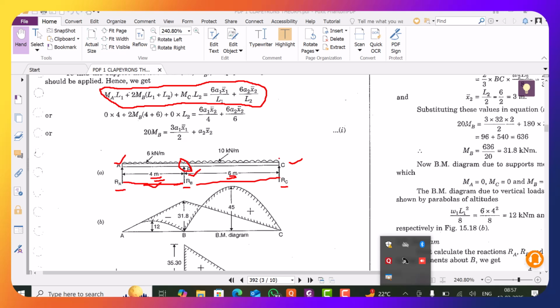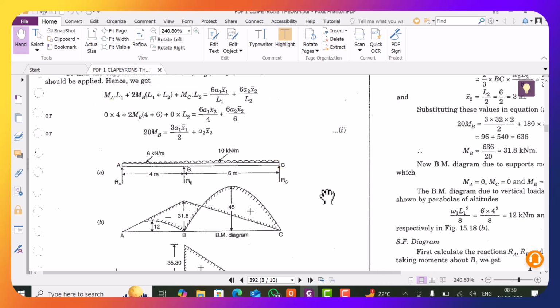MC, moment at support C, into L2, the length of span 2, which is 6 meters as shown in this figure, equals minus 6A1x1 bar upon L1 plus 6A2x2 bar divided by L2. So this is the governing equation in the three-moment theorem.